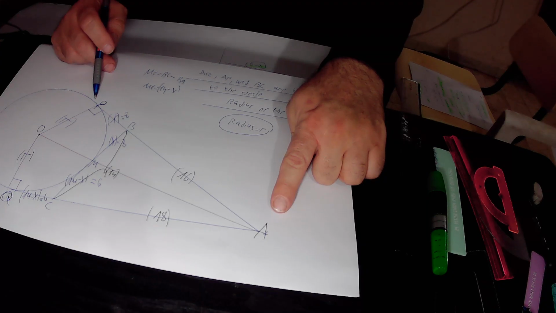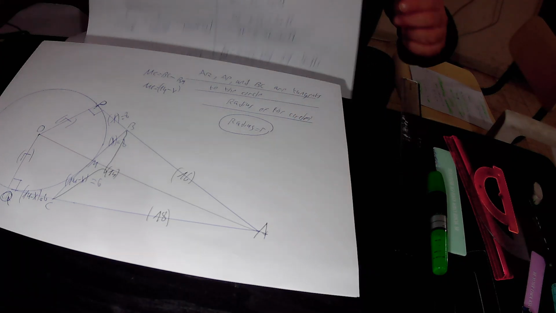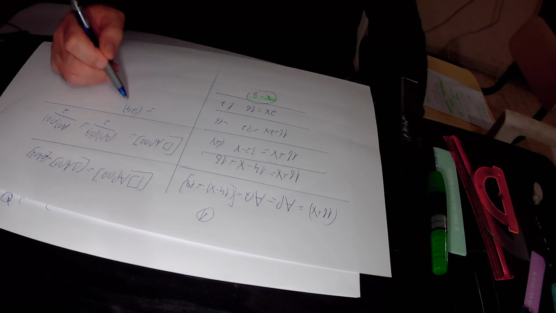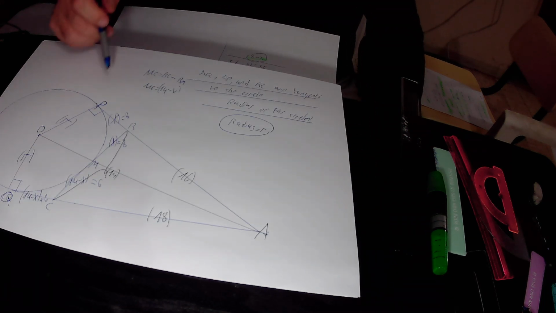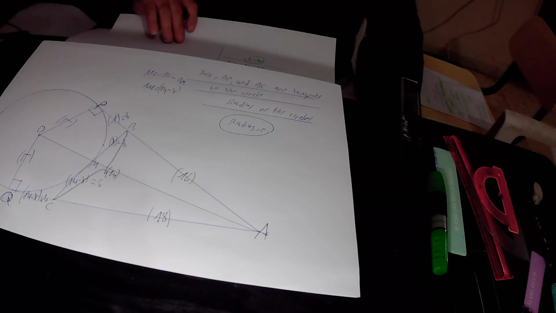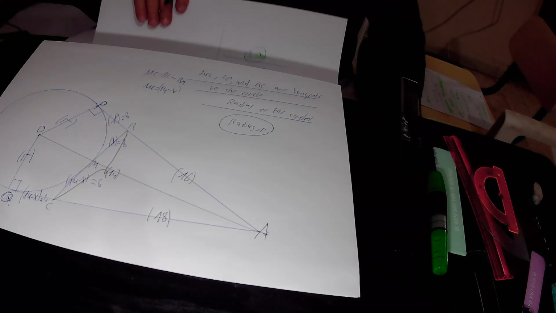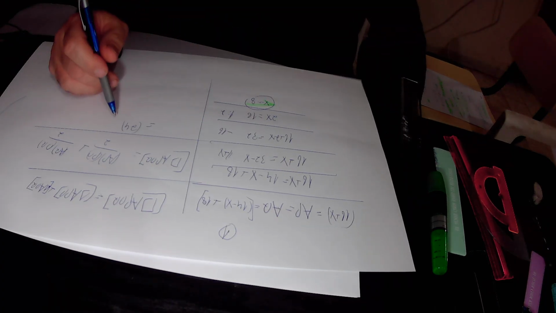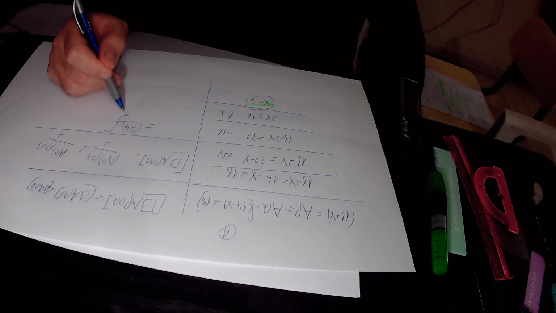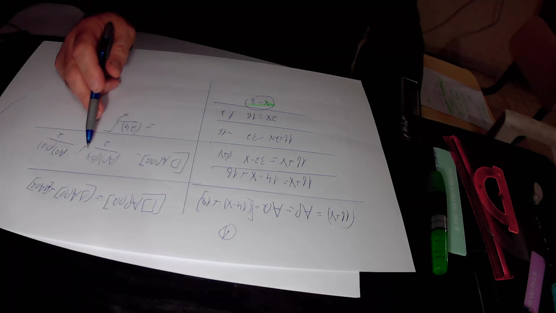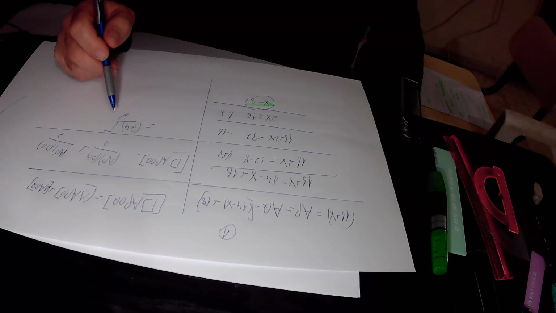So in total, AP equals 16 plus 8, that is 24, times the height PO. PO equals R, the radius of this circle. This is the radius that we are looking for in this question. Over 2. So in total, the area of the right upper triangle APO equals 24R over 2.